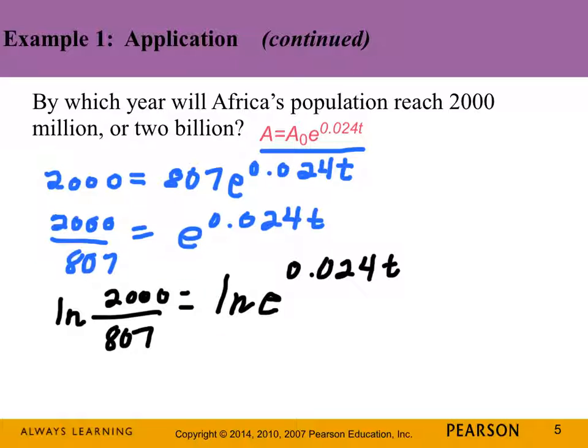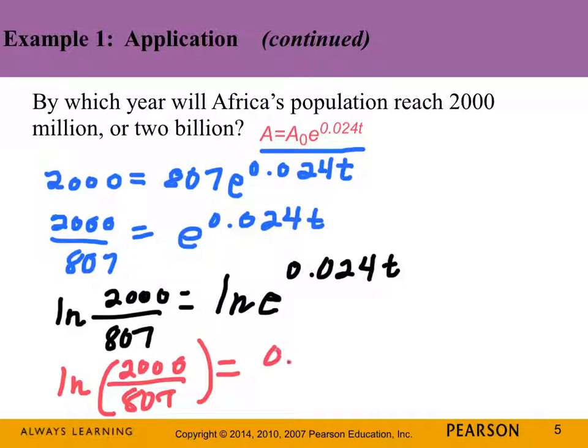And remember, the natural log of e to the x equals x. So the natural log of e to the 0.024t equals 0.024t. So we have the natural log of 2,000 over 807 equals 0.024t.